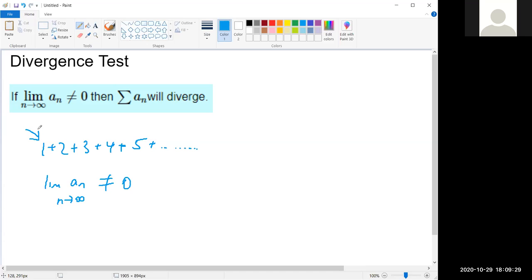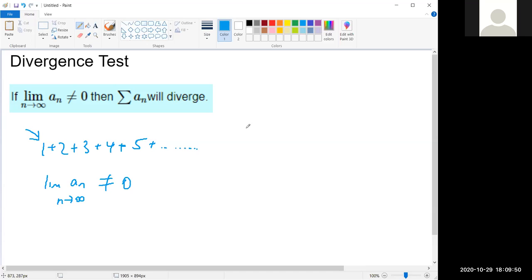Okay, it looks like everyone agrees with diverge. So this is an illustration of how intuitively we can think about this test. If the numbers keep getting larger and larger, it's obviously going to go to infinity, so it's always going to diverge.